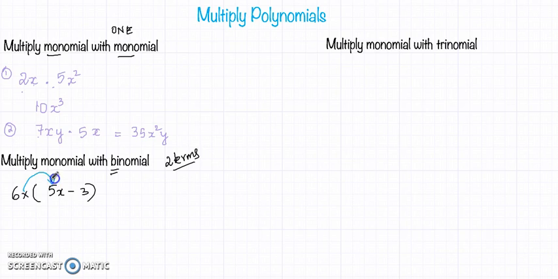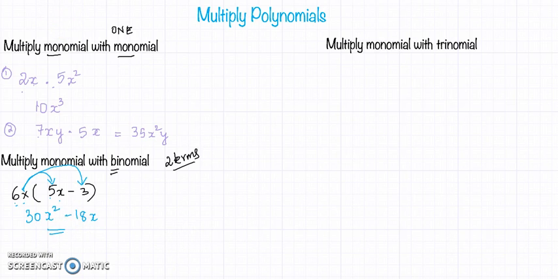You're multiplying the 6x to each of the terms inside the binomial. So 6 times 5 is 30, x times x is x squared. Then 6 times negative 3 is negative 18, and then you just have one x over there. So that would be your answer.